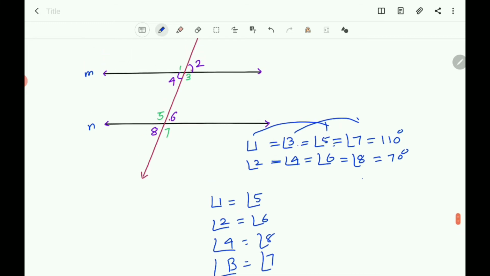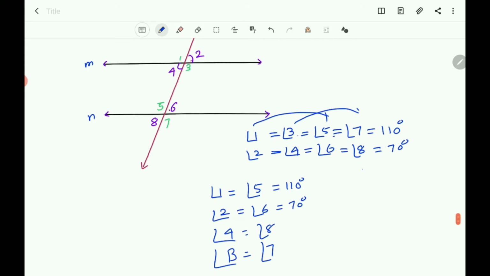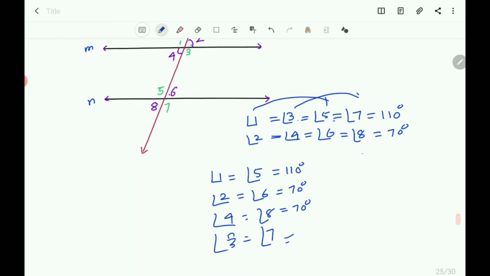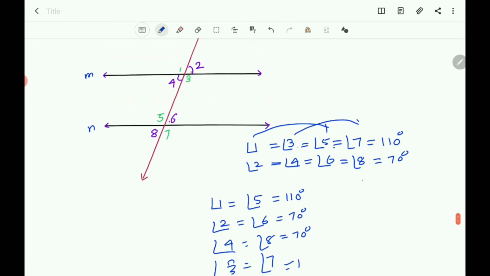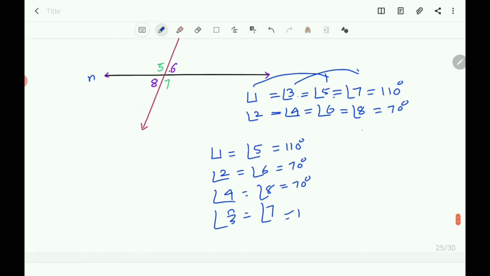Angle 1 and angle 5 are 110 degrees, angle 2 and angle 6 are 70 degrees, angle 4 and angle 8 are 70 degrees, and angle 3 and angle 7 are 110 degrees.